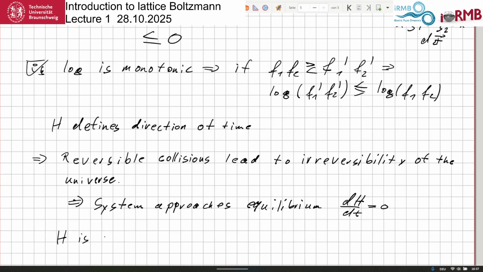This η is kind of a scaled negative entropy. Unfortunately, the entropy was known before Boltzmann, before we knew that there are atoms.